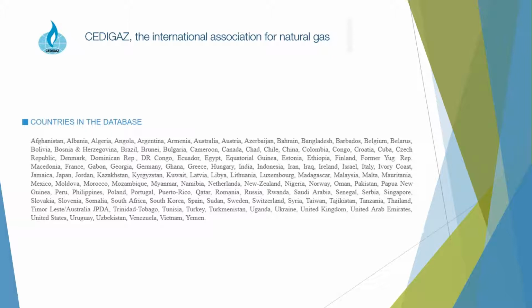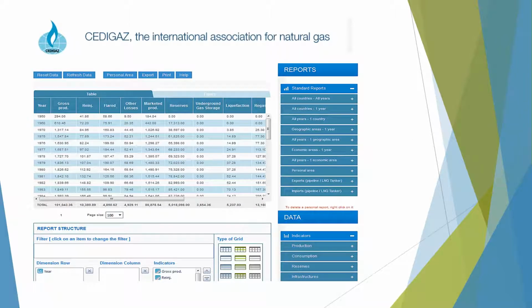But whatever the reason may be, data for each country's natural gas resources is kept confidential and treated as confidential data. As you can see, you can only see aggregated information here. Nothing about any country's specific natural gas resources.